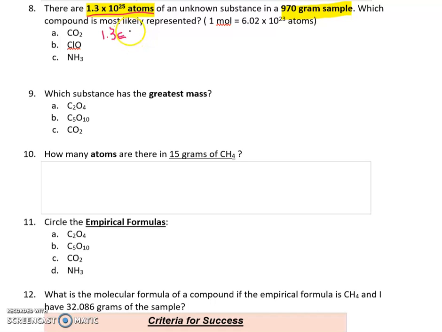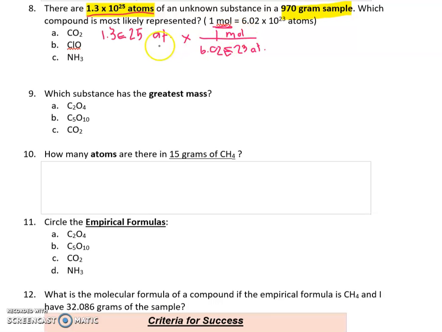So 1.3 times 10 to the 25th, and then atoms, AT for short, times, I have to multiply this by something so that I can get moles, because moles are always very helpful. So I know that my conversion is 6.02 times 10 to the 23rd atoms is equal to 1 mole.